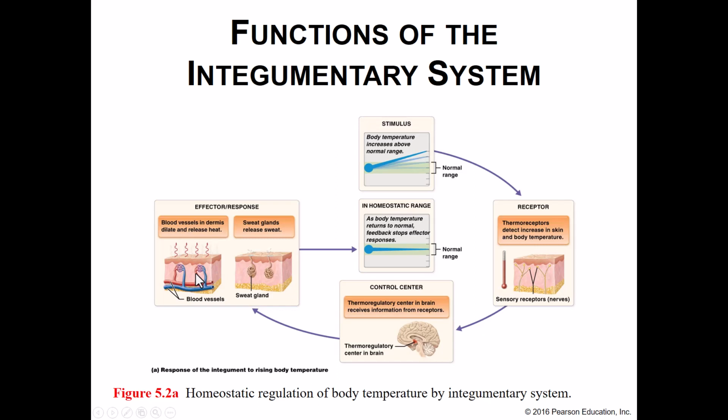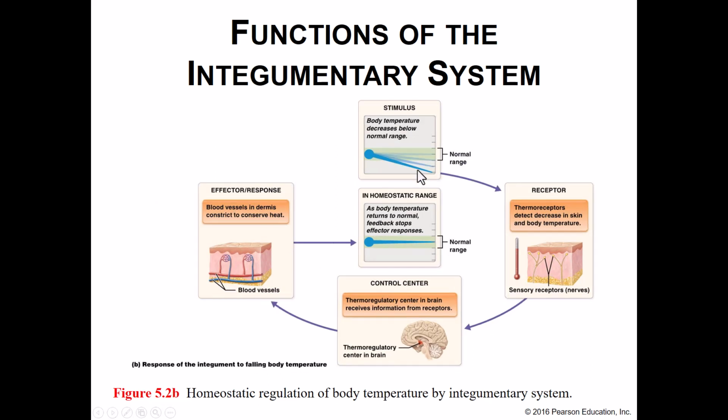That's why we get flushed when we get hot, because that way it can release the heat. And we also secrete sweat onto the surface of the skin. If you recall back to the properties of water, that high heat of vaporization allows the water to carry away a lot of the heat being released via vasodilation. This brings our body temperature back to normal.